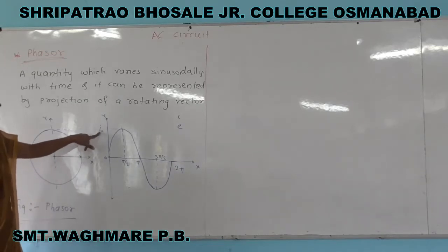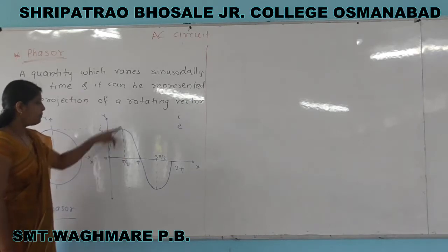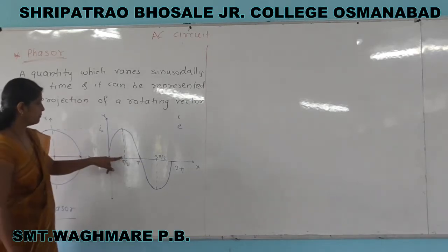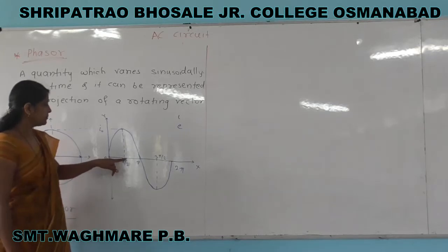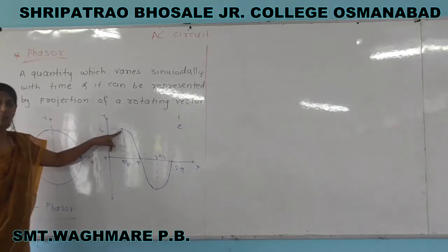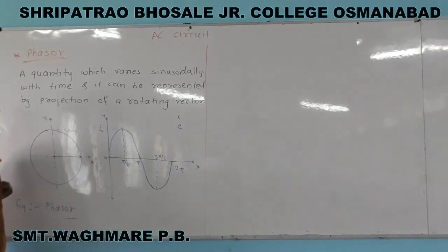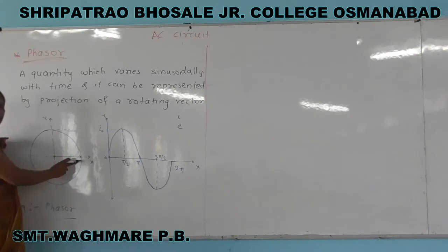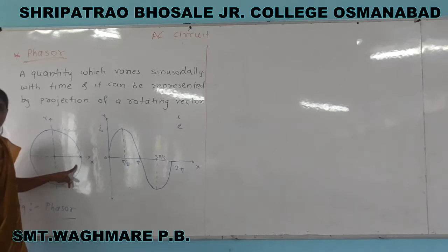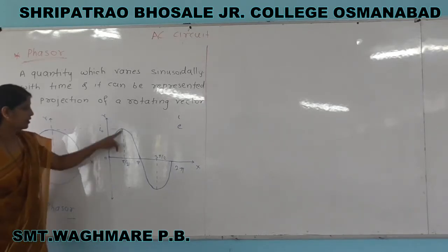Here we can consider this is the peak value of current, and this is the amplitude of this waveform, the maximum displacement on either side in this figure. This is the amplitude of this waveform which is generated in the AC circuit, or of AC current. And here we have taken a rotating vector whose length is equal to the amplitude of this waveform.